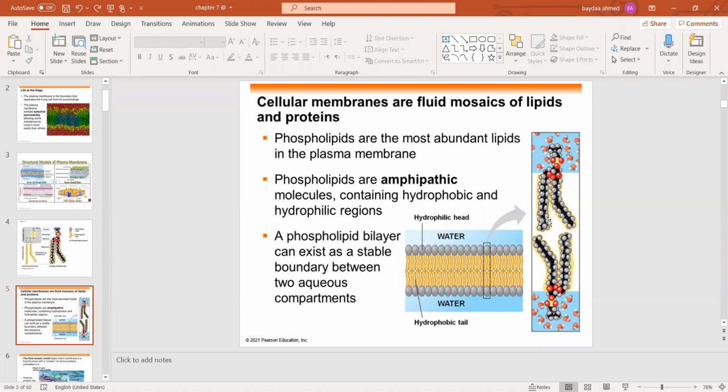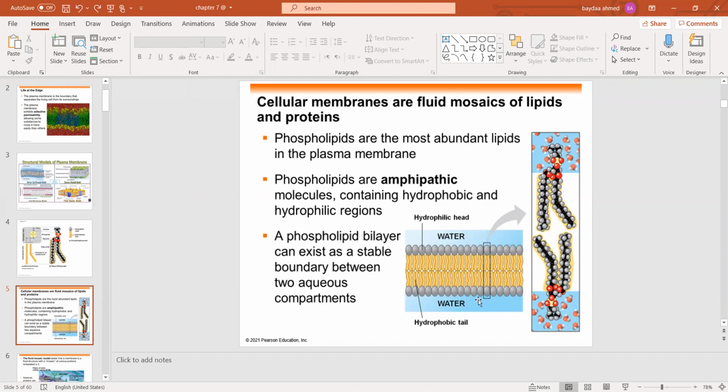A phospholipid can exist as a stable boundary between two aqueous compartments because the molecular arrangement shelters the hydrophobic tails of the phospholipid from water while exposing the hydrophilic head to water.